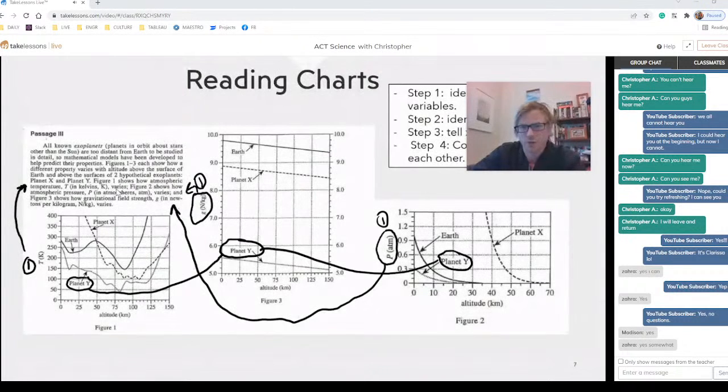Gravitational field strength. Don't have to know what that means. Hopefully you know what gravity is and that you can equate gravity with gravitational field strength. And again, as the altitude increases, the G decreases. So they all share fairly similar stories.